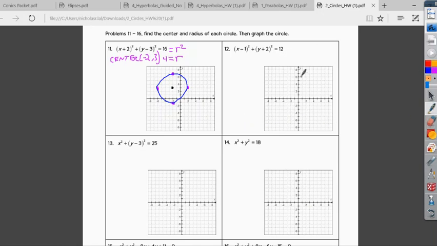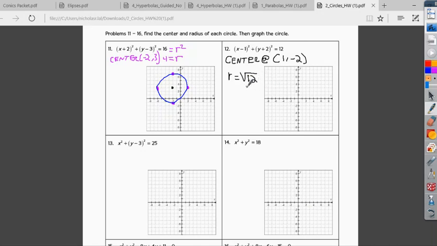For 12, (x minus 1) squared plus (y plus 2) squared is equal to 12. So we have a center at (positive 1, negative 2), and our radius is equal to the square root of 12.